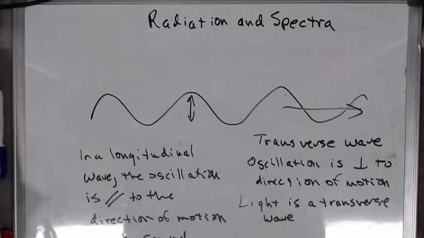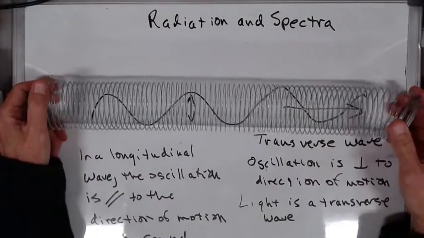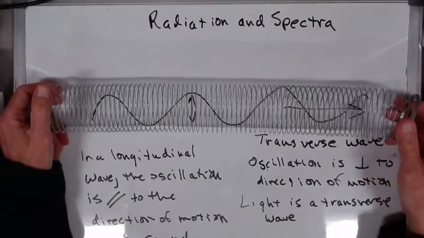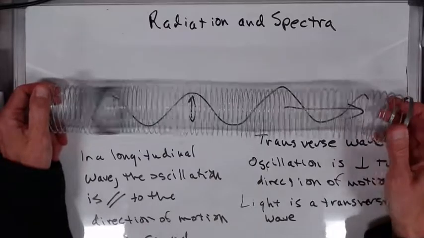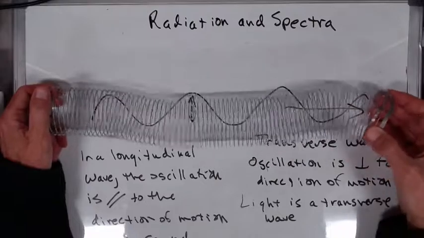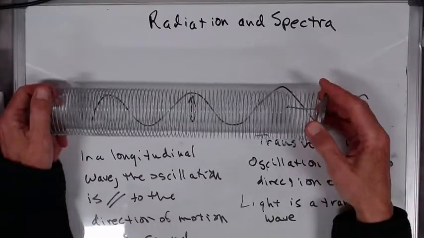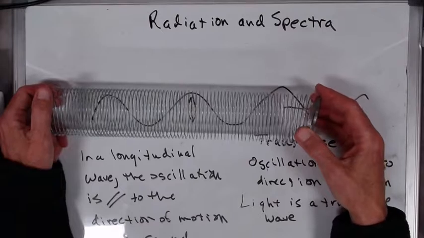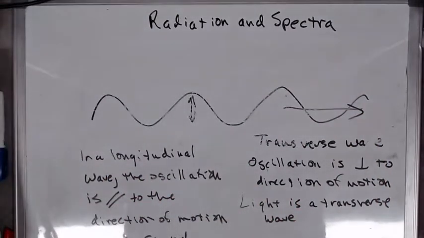Sound is an example of a longitudinal wave, but you can also have a longitudinal wave on a slinky, right? If I take a slinky and I create a pulse on it like this, you can see that this would be a transverse wave, and this would be a longitudinal wave. The compression is along the direction of motion for a longitudinal wave and perpendicular for a transverse wave. And so that's the difference between those two.